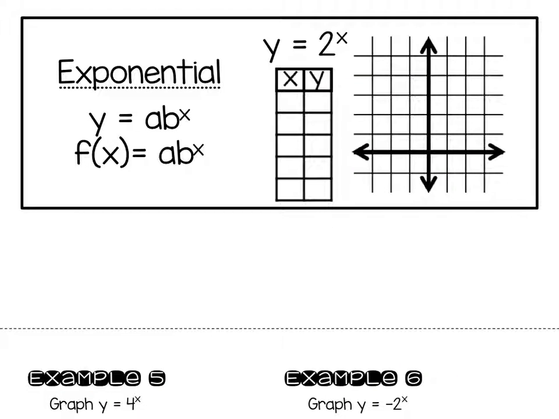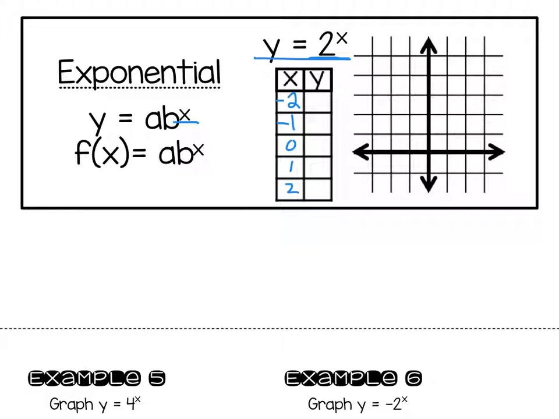So for our exponential functions, you'll notice that the x value is actually the exponent, hence exponential function. And so when we do these, we're actually going to use -2 for x, -1, 0, 1, and 2. And in order to do the parent function, we have to define the parent function as y equals 2 to the x.